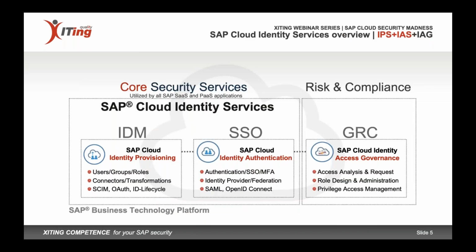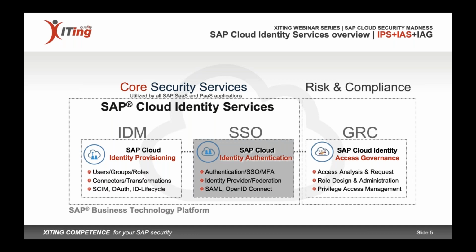So the component we are talking about today, again, is part of the Cloud Identity Services. That one consists of the Identity Authentication Service, the one we talk about here, basically a SAML identity provider with a central user store, and the Identity Provisioning Service, or IPS, that is responsible for all the user and group provisioning.